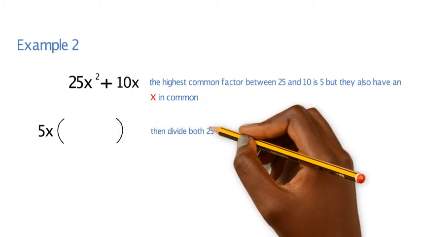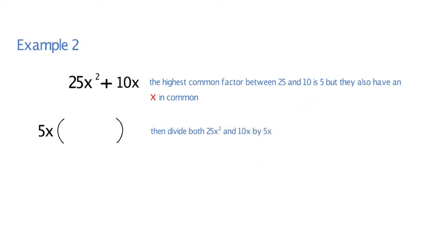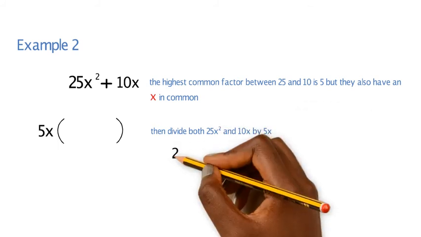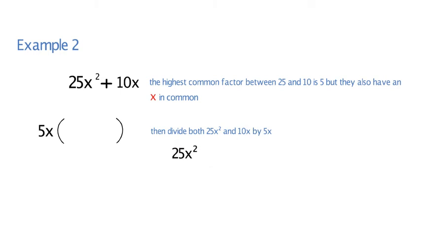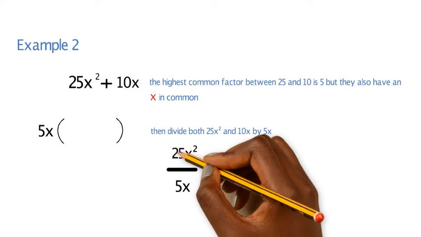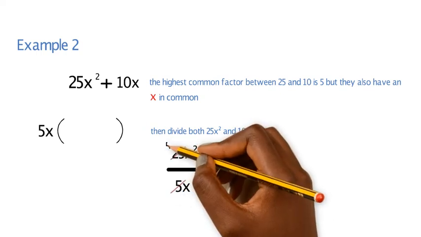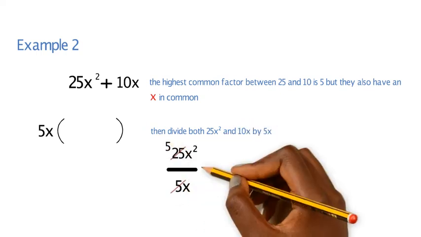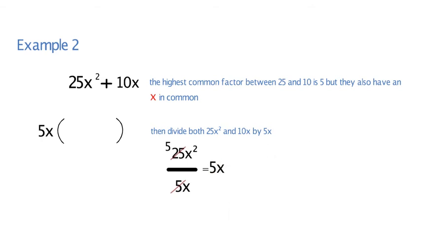And then divide both 25x squared and 10x by 5x. So first off, 25x squared divided by 5x. So 25 divided by 5 is 5. And then x squared divided by x is x. So you're left with 5x, which goes into the brackets.